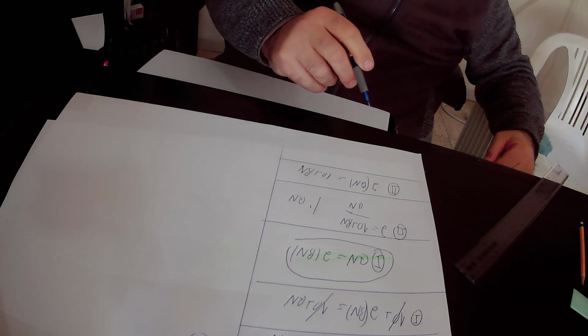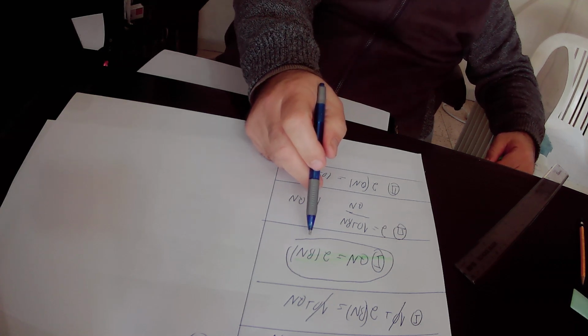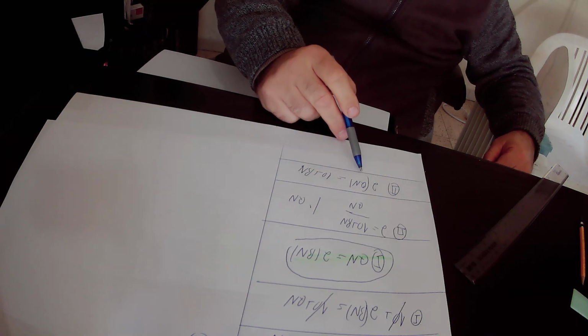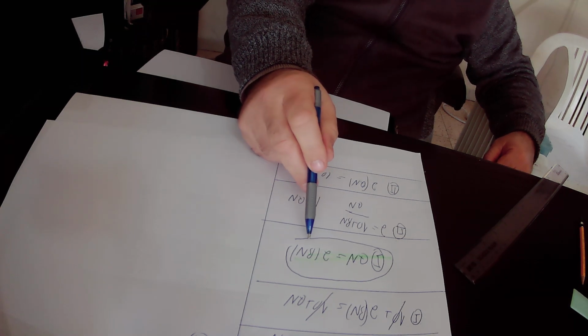We have already found out that Qn according to equation number 1 equals to 2 times Bn. Therefore we can substitute Qn in equation number 2 by 2 times Bn from equation number 1.